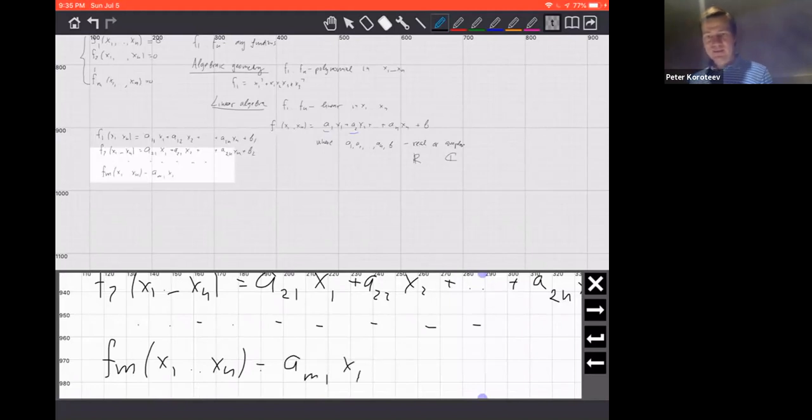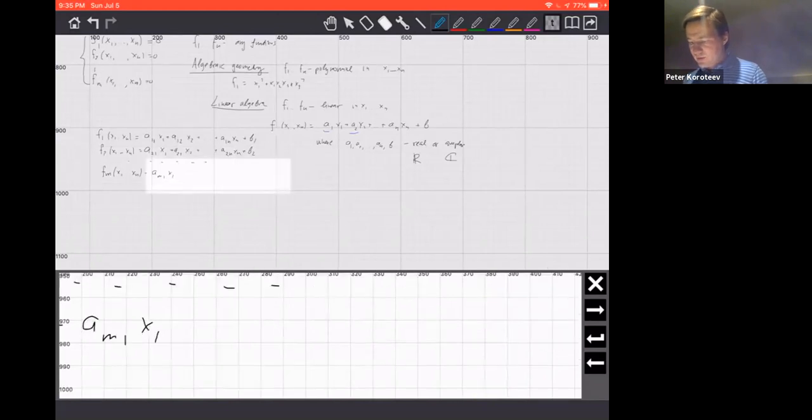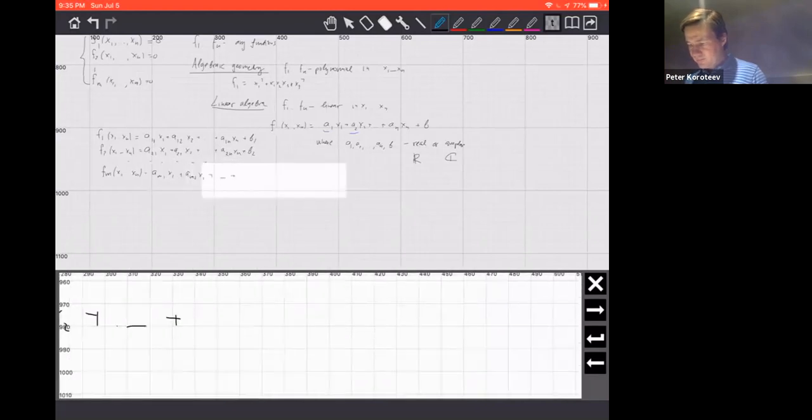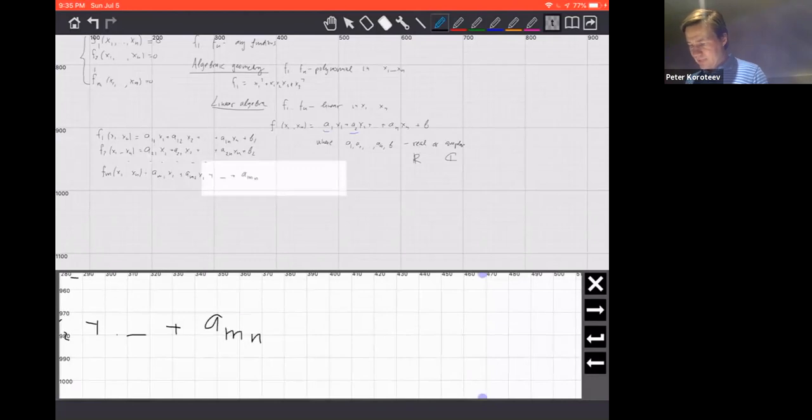To understand the notation, we have a whole table worth of coefficients, where the first index labels the function, and the second corresponds to the variable the coefficient is attached to.